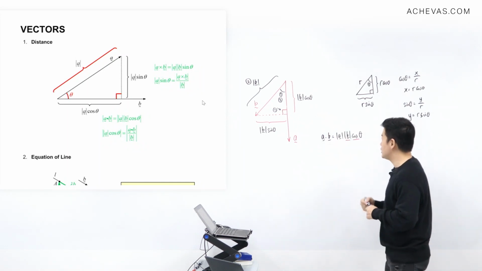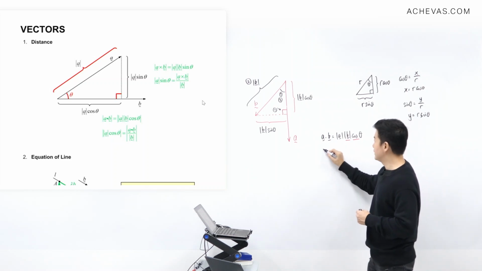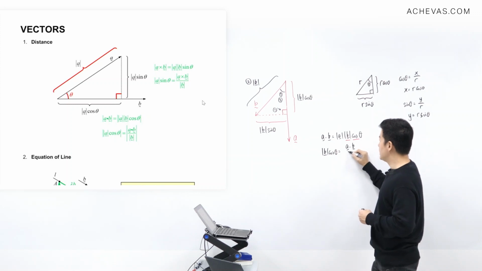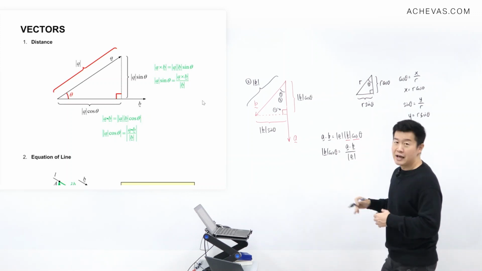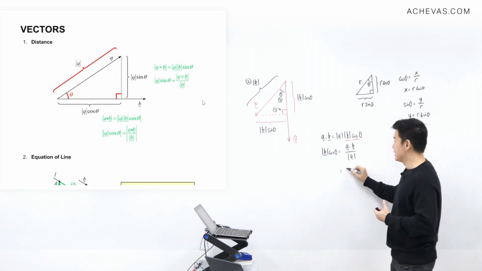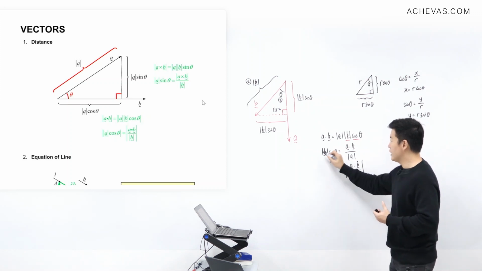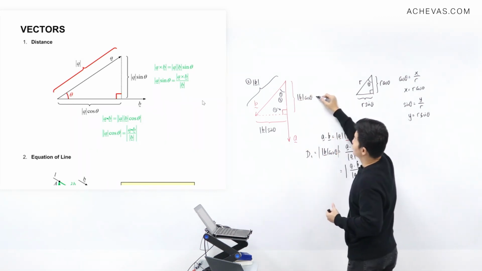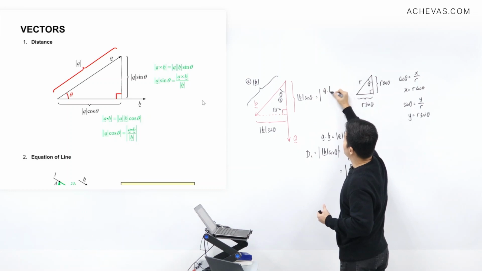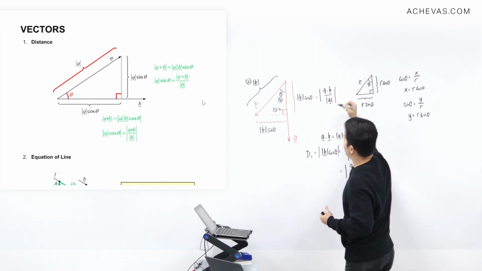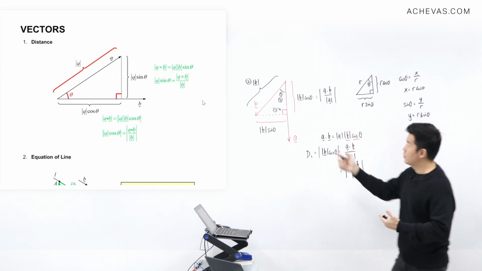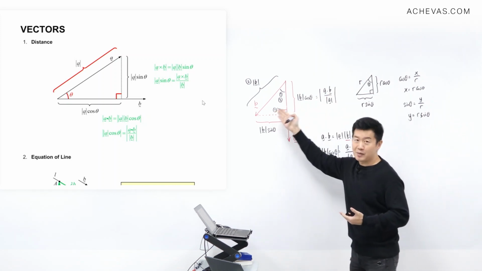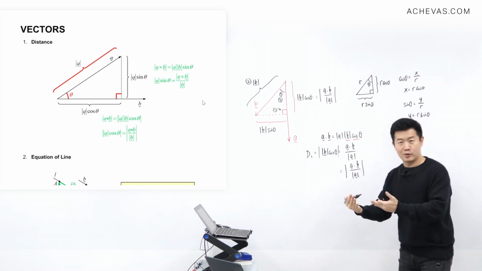If I rearrange this such that modulus of b cosine theta is the subject, we will have modulus of b cosine theta equal to a dot b divided by modulus of a. And since we are calculating for distance, the distance will be modulus of a dot b divided by modulus of a. So this will be distance 1, which is this distance here. If I plant vector a and vector b into the dot product, we can then very easily calculate the distance.